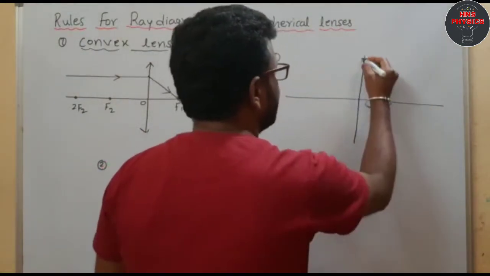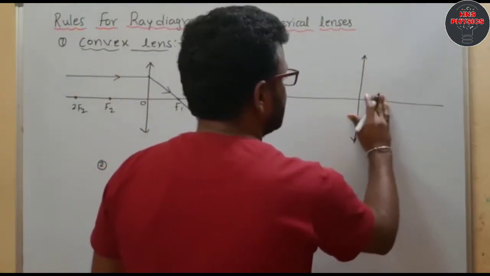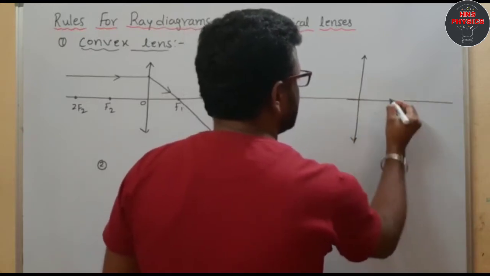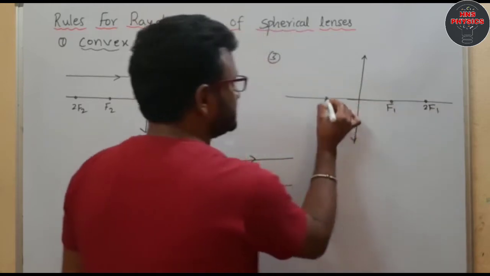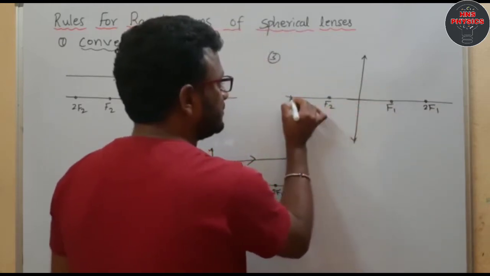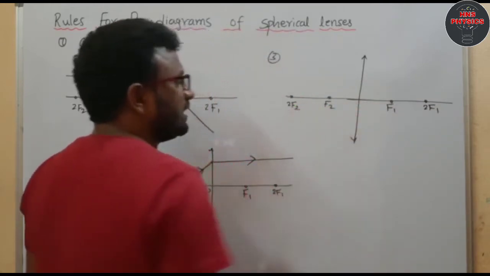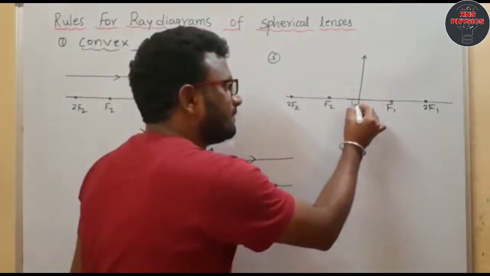So this is the convex lens, principal axis. So F1 and 2F1. This is F2 and 2F2. This is the optic center.